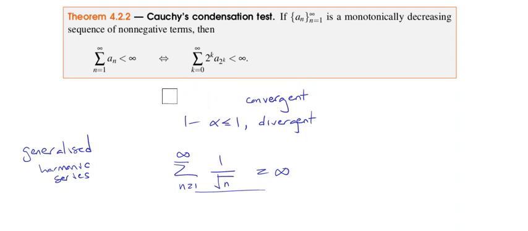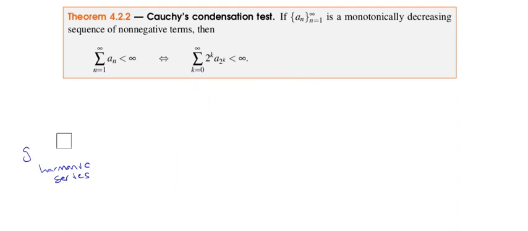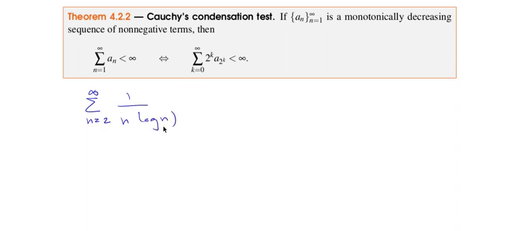And another example: Cauchy's condensation test is useful when you have logarithms. So for instance, the sum from n equals 2 to infinity of 1 over n times the logarithm of n to the alpha. So a sub n is 1 over n times the logarithm of n to the alpha.